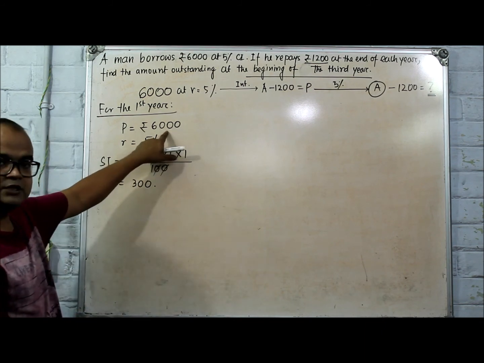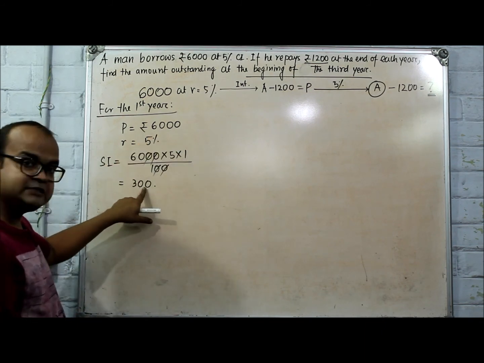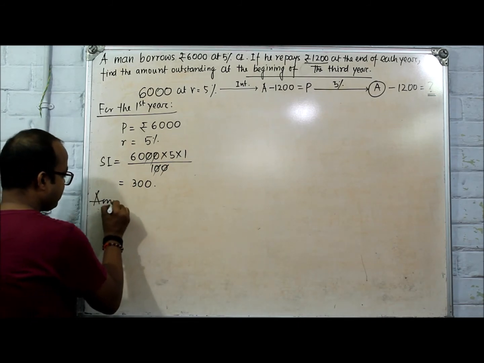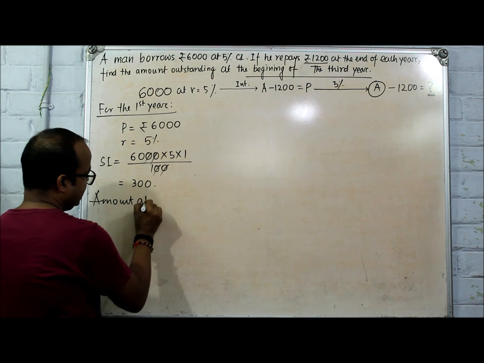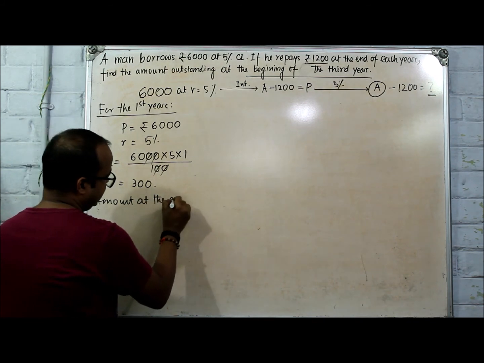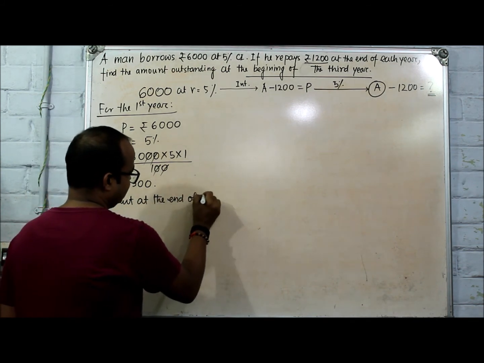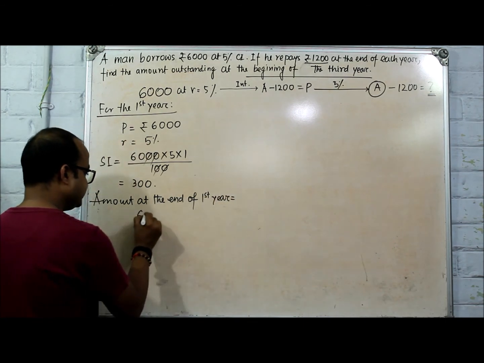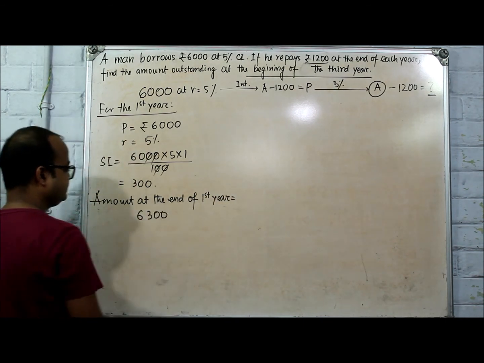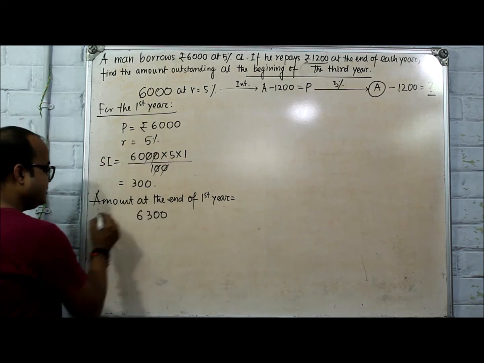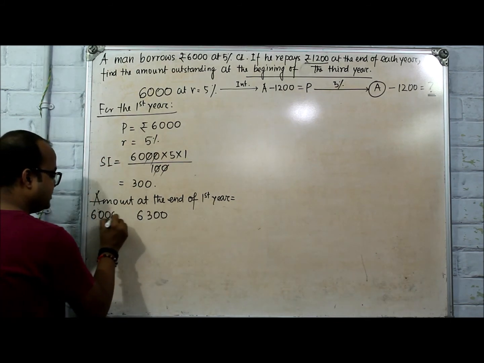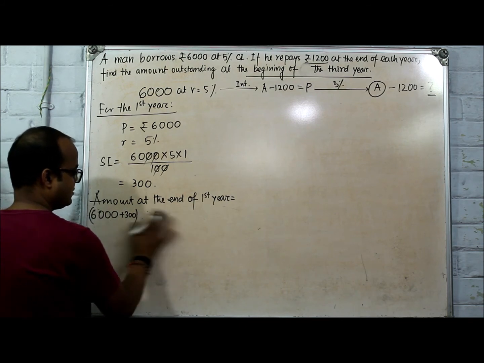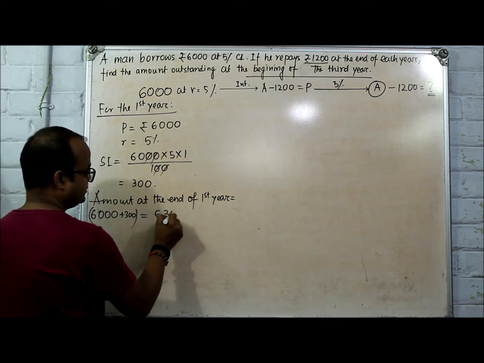So 6,000 is the principal, 300 is the interest he needs to pay. So amount at the end of first year is equal to 6,000 plus 300, is equal to 6,300.